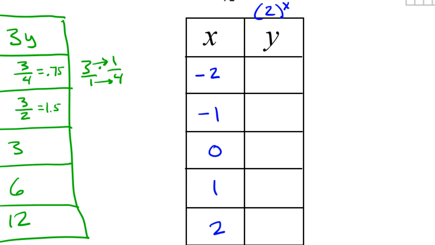Alright, now that's the same thing I had on the previous problem. So I already know what it's going to be, but I'm doing 2 to the x power, so that means 2 to the -2 power, 2 to the -1 power, 2 to the 0 power, 2 to the 1 power, and 2 squared. 2 squared is 4, 2 to the 1 power is 2, anything to the 0 power is 1, and these are going to be reciprocal.